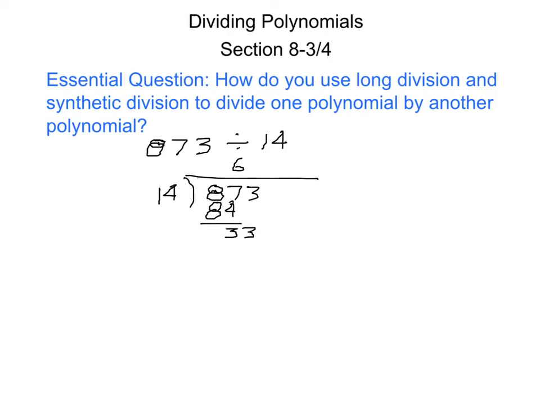Then you'd say 14 into 33 goes twice. 2 times 14 is 28. 33 minus 28 is 5. And that would be my remainder, and my answer would be 62 and 5/14. So this was your typical long division in elementary school.